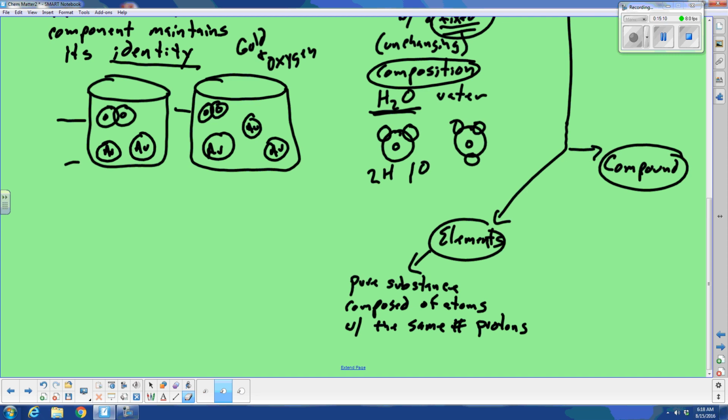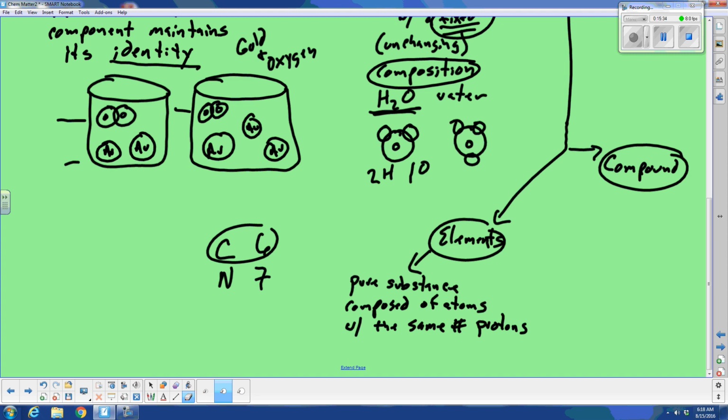And the number of protons defines what an element is, right? So why is carbon carbon? It has 6 protons. If it had 7 protons, it's no longer carbon, it is now nitrogen. So everything that has 6 protons is carbon, right? So we're saying an element is composed of atoms with the same number of protons.